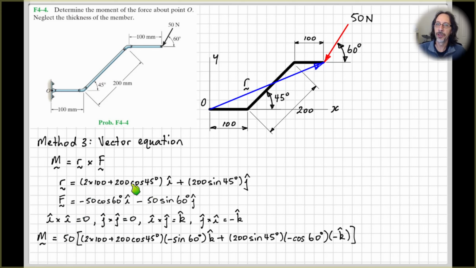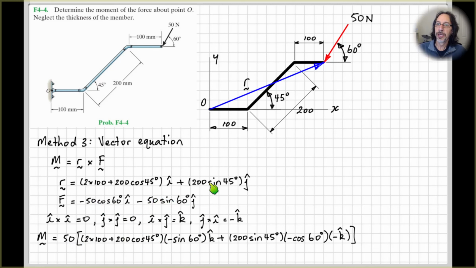So we take the first term, 2 times 100 plus 200 cos 45 i, times minus sine 60 j. So i cross j gives us k. That's where this comes from. And because I've got 50 in front of both of these terms, I've just taken the 50 out the front.